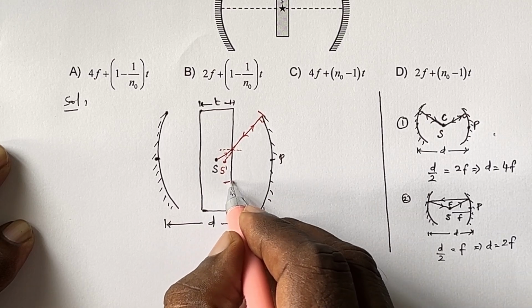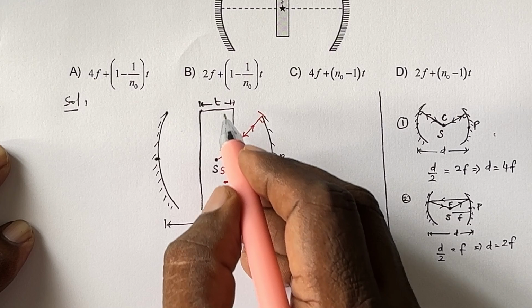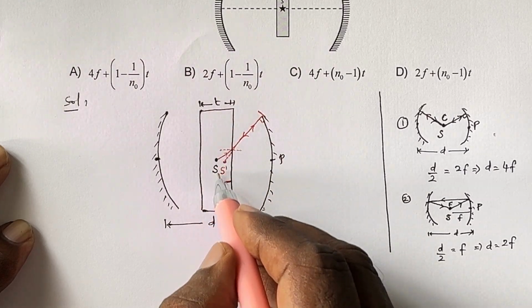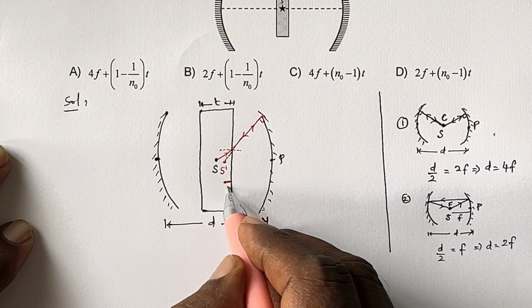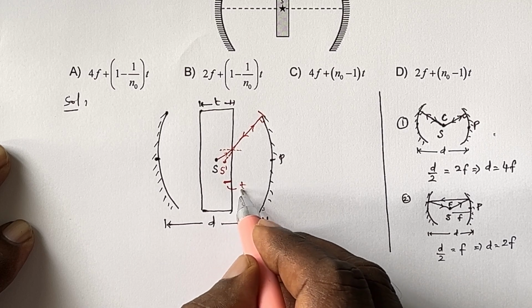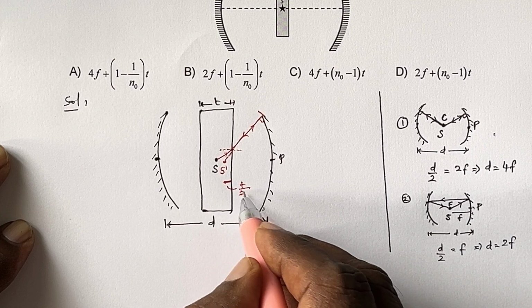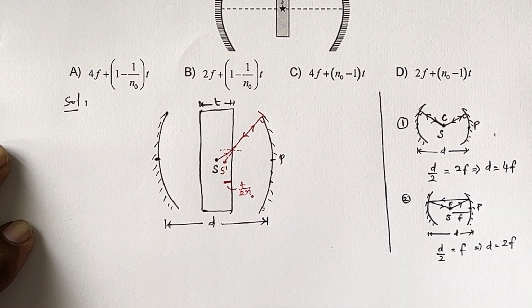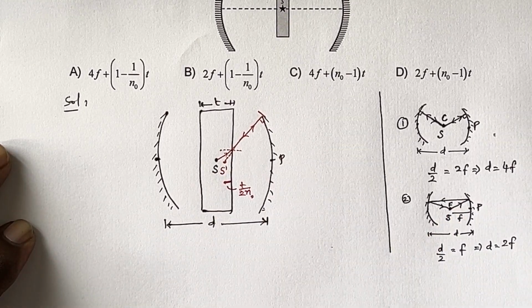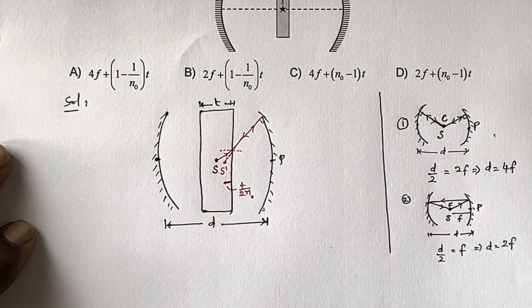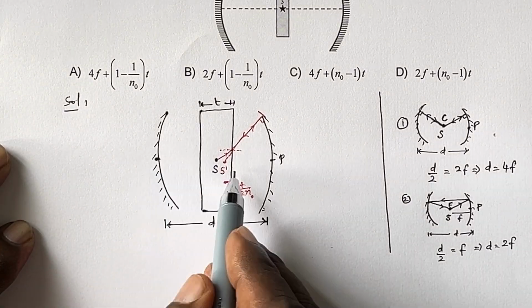This shift S1 is nothing but, at the middle, this is t by 2. Here this distance is t by 2 n naught. That is the shift. The same thing will happen here also.